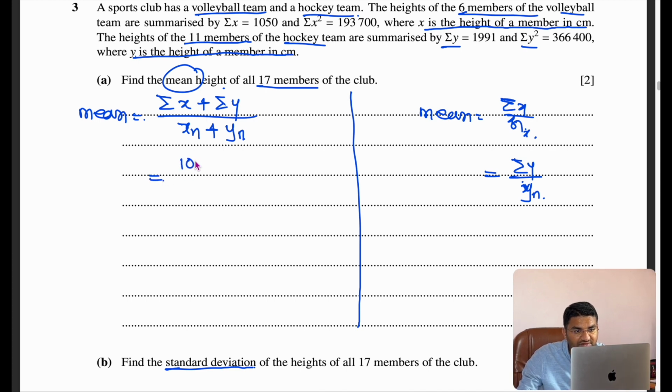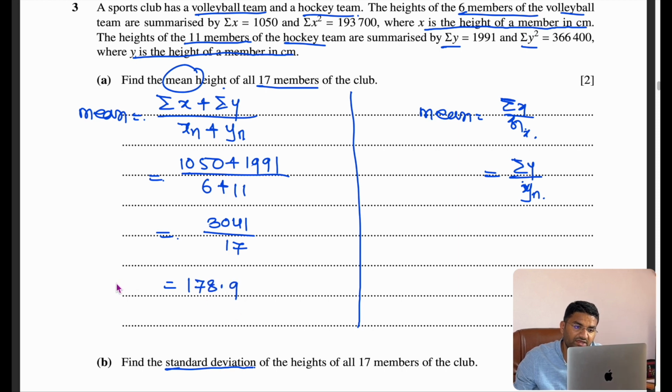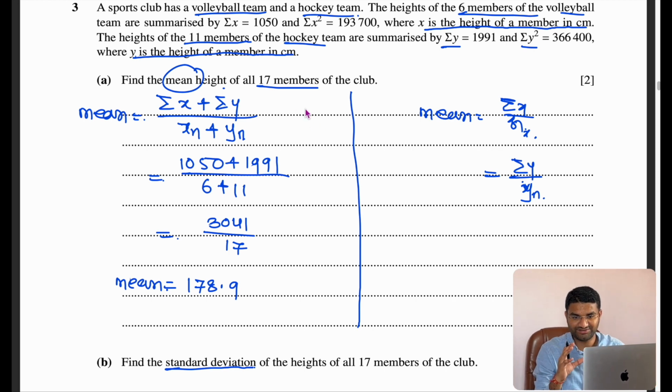The values are 1050 plus 1991 divided by 6 plus 11, which is 17, right? If you calculate this, 3041 divided by 17, it's around 178.9. You will get the mean value of the height of the 17 members. I hope you understood this part.